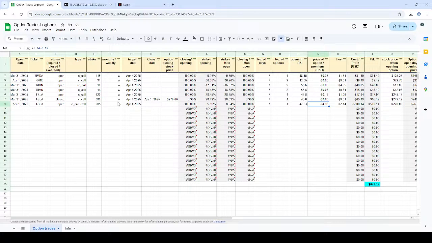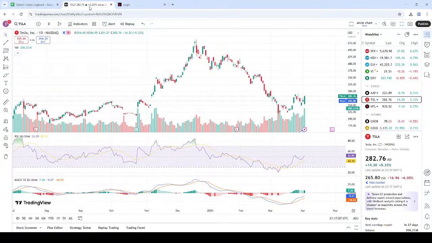And then when I bought back the covered calls for 300 strike price, I opened, or sold, covered calls for 285 strike price. It is possible that this week Tesla will reach 285, but we will see.